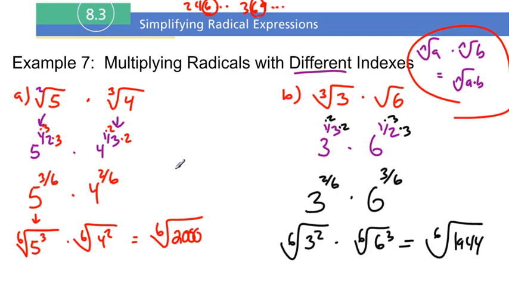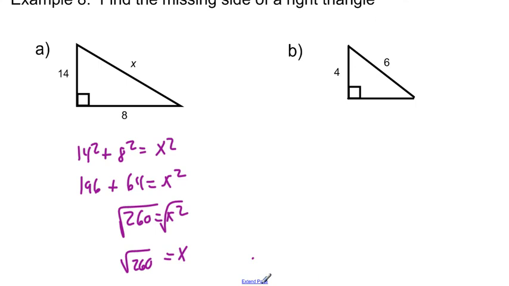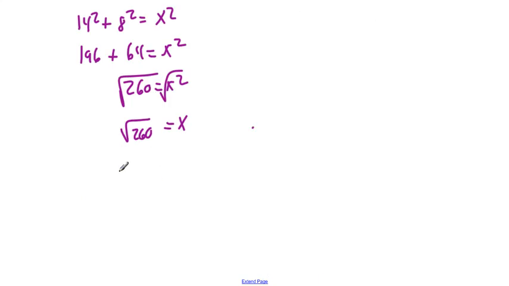Little tricky right here. I believe it's going to be 4. The square root of 4 times the square root of 65 equals x. And the square root of 4 is 2. So 2 radical 65 equals x.